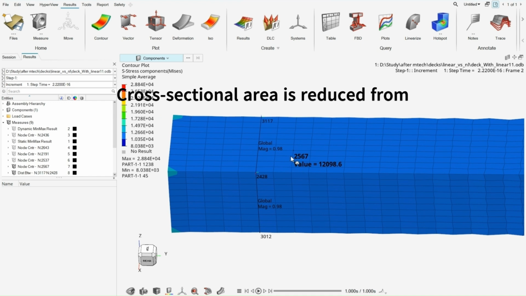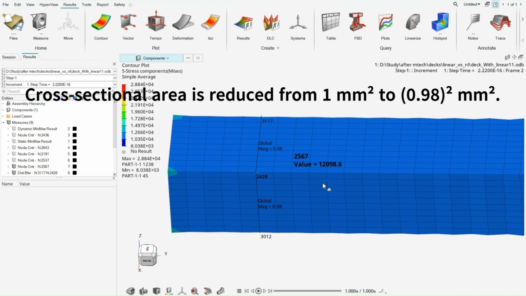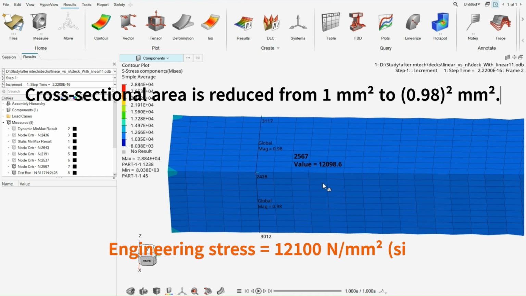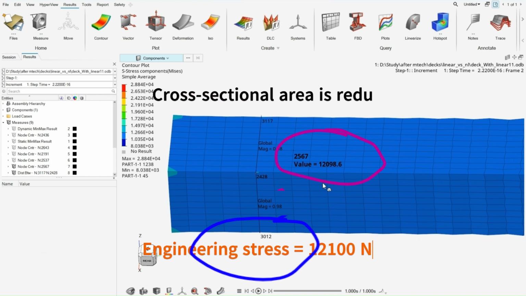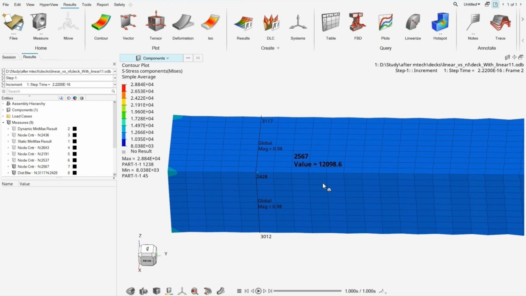It is 0.98 mm due to the Poisson's ratio effect, but the stress is 12098.6, which is near to what we will calculate through hand calculation of the applied load divided by the original area, which is the initial area of this component, and it comes out to be the same. This is with the linear static analysis.